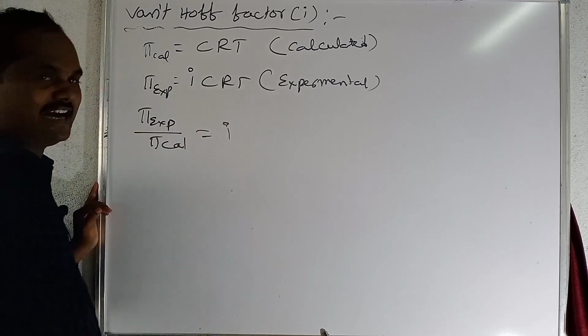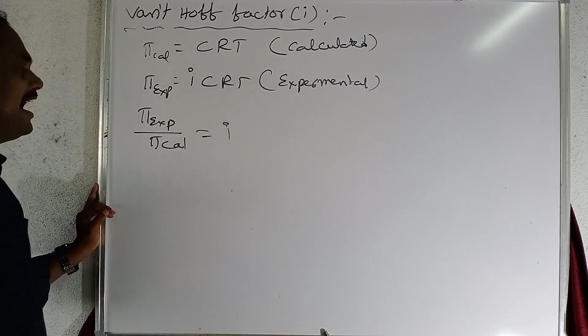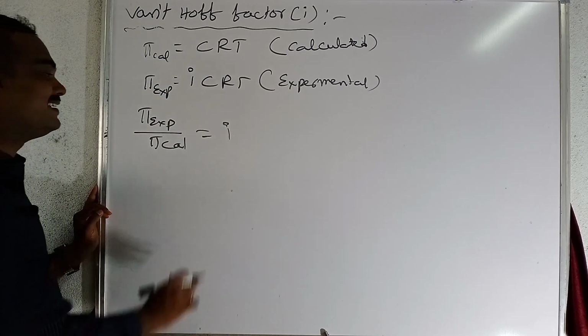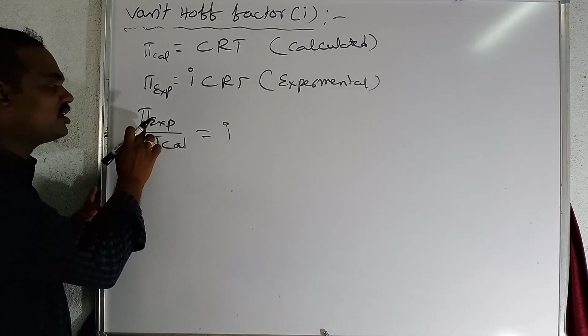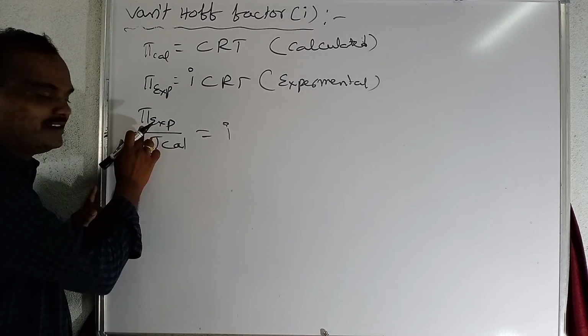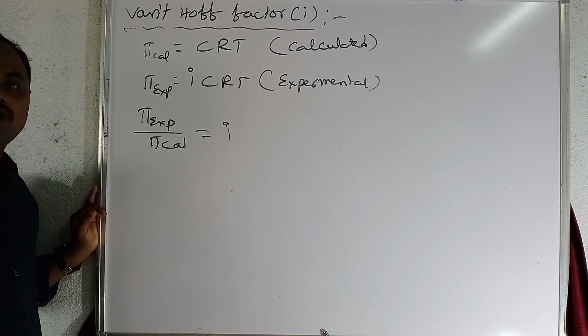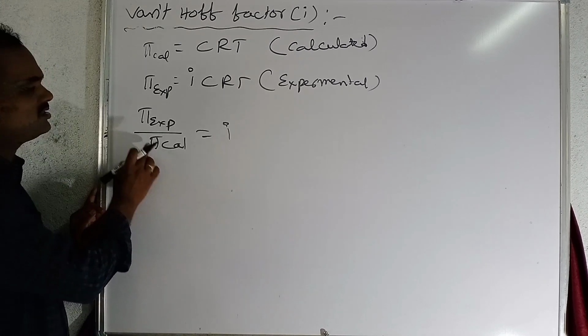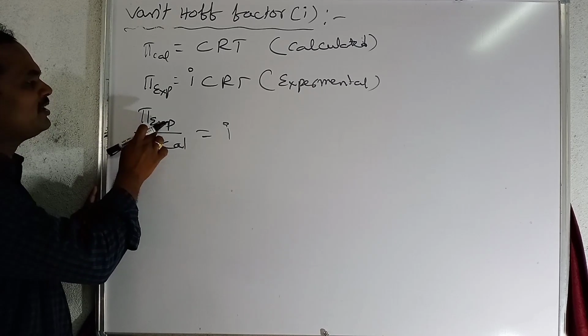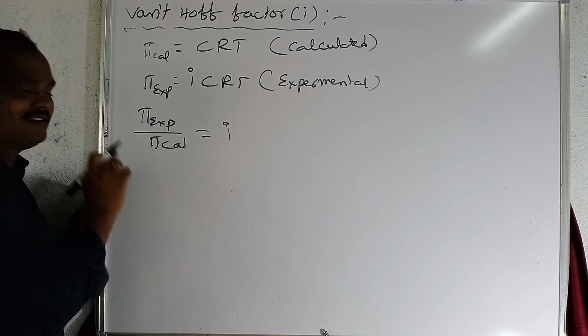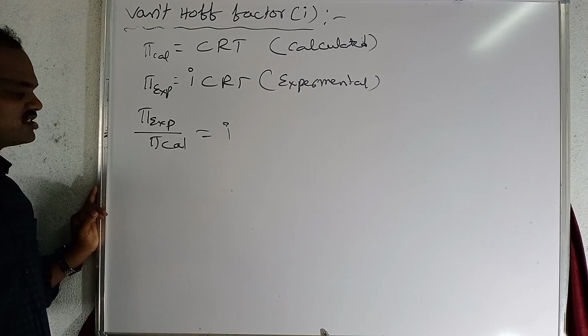CRT cancels, and we get i. Therefore i is the ratio of the experimental value of the colligative property to the calculated value of the colligative property, here the experimental value of osmotic pressure by the calculated value of osmotic pressure.